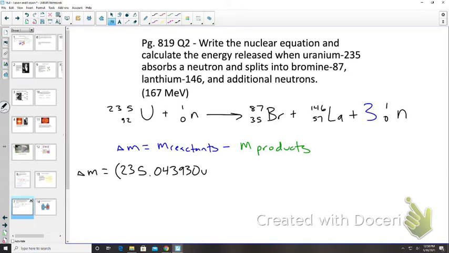235.043930 atomic mass units. Now, just like I mentioned on the last slide, I'm not going to add this neutron here, but I'm going to take that away from the product side, okay?